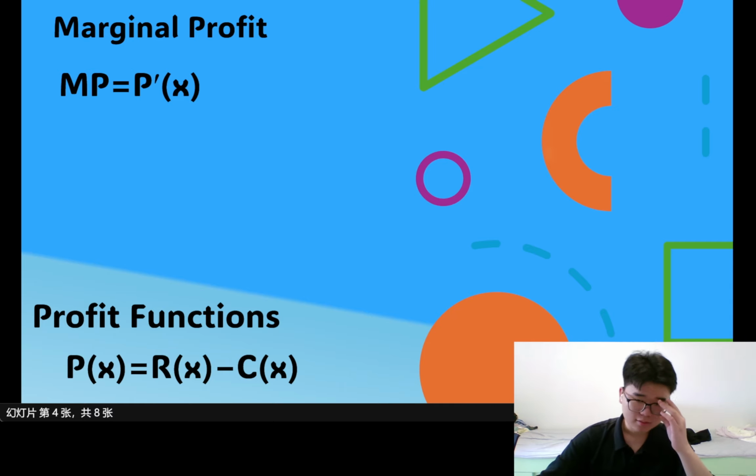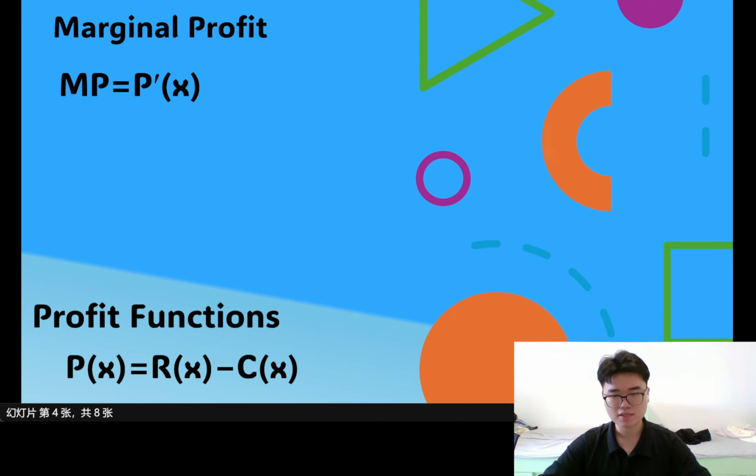Okay, let's explore marginal profits. Marginal profit is the derivative of the profit function. It tells us how the total profit will change when the production or sales volume increases by 1 unit. In other words, marginal profit is the additional profit from selling 1 additional unit of products.